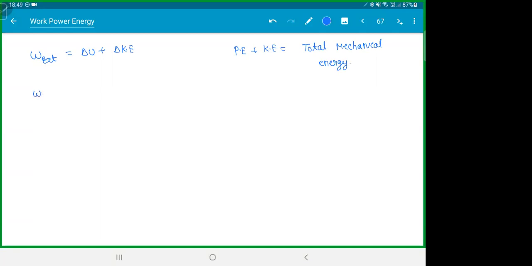So you can write this as work done by external forces is change in total mechanical energy. You can simply put it like this: work done by external forces is final energy minus initial energy.